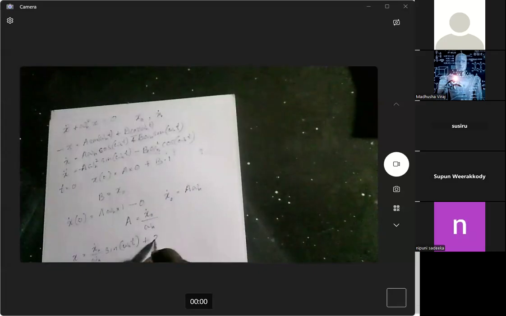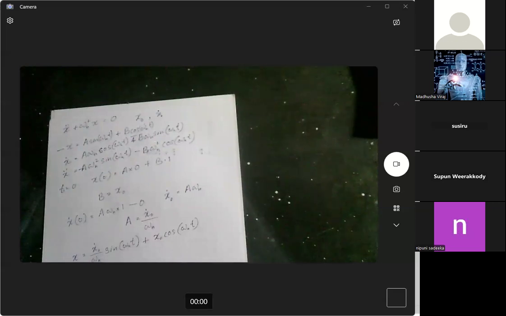We have x equals A is x dot at 0 divided by natural frequency, sine omega n t, plus B is x naught cos omega n t. Right?